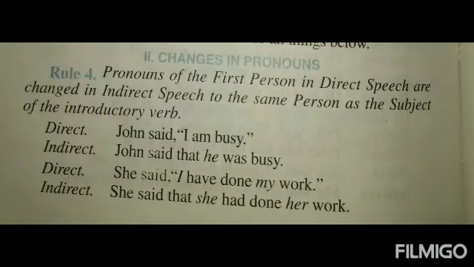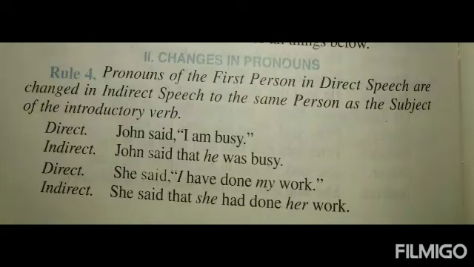Here in this sentence, the word I is used for John. When we are converting it, John is a boy, so I will be converted into he. John said that he was busy, with am converted into past tense.